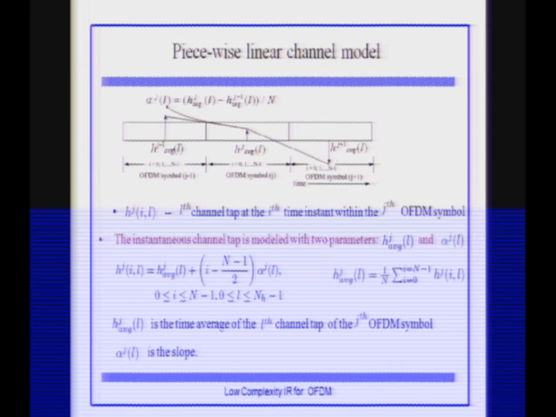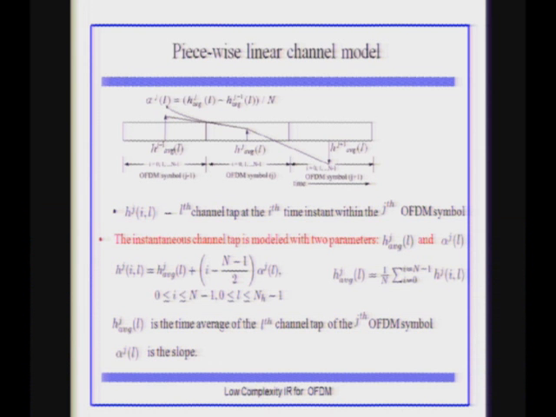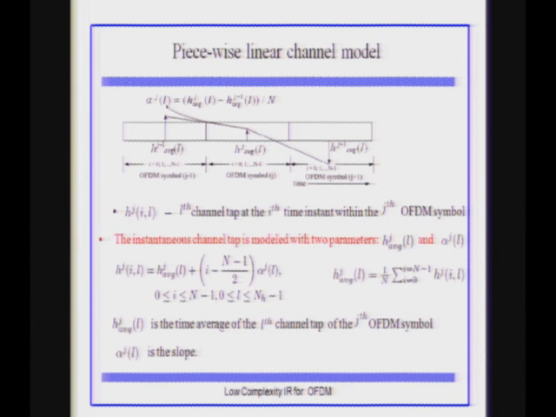When your Doppler is on the low side, up to 20% normalized Doppler, which is kind of highway speeds and train speeds, then this model works reasonably well, and that is what is shown in a paper from 2003. The originators of this model came out with the speeds at which it breaks down and at which it works, and it's up to 20% normalized Doppler.